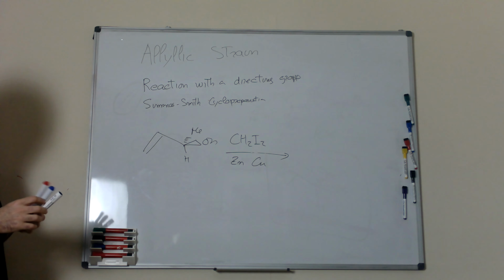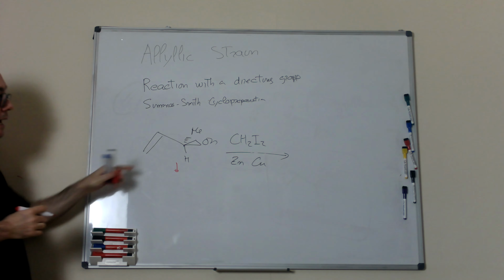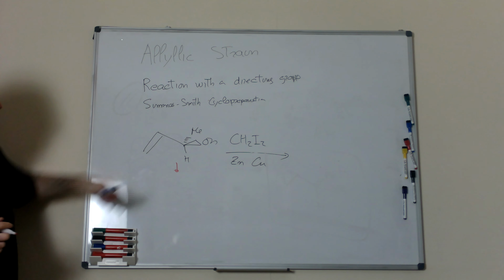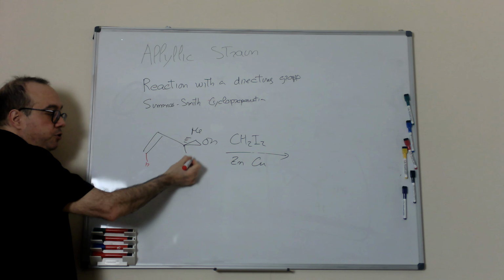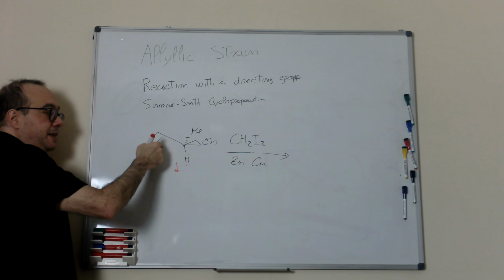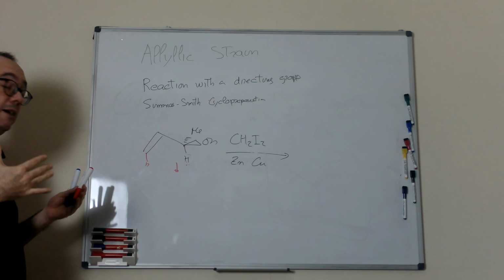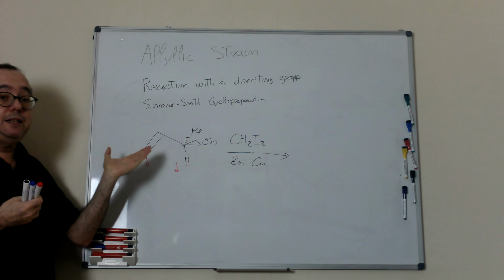Okay? In this case, I already put the most stable conformer, the smaller substituent in the same plane of the double bond facing down, and now the only difference from the example before is that I will not consider the steric hindrance.